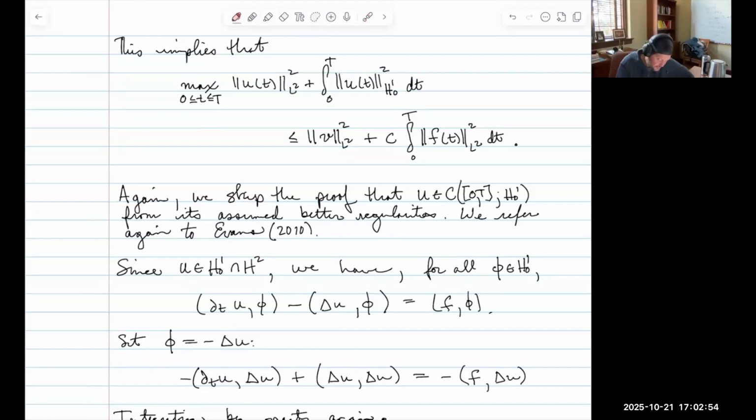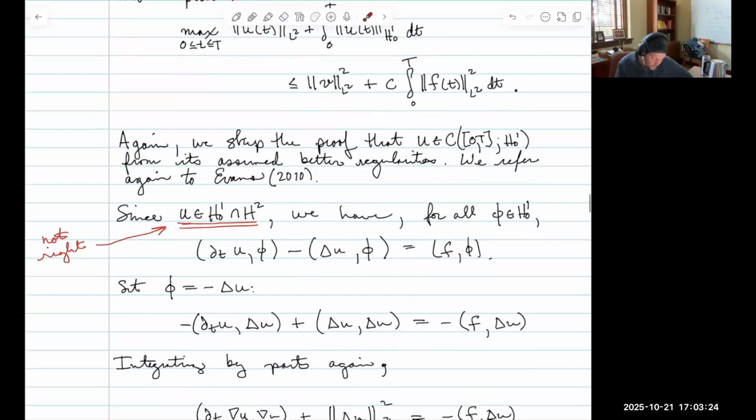This is a little confusing. U is not really in this space; for every t it's in that space. This is not exactly correct, but I'll fix the notes.